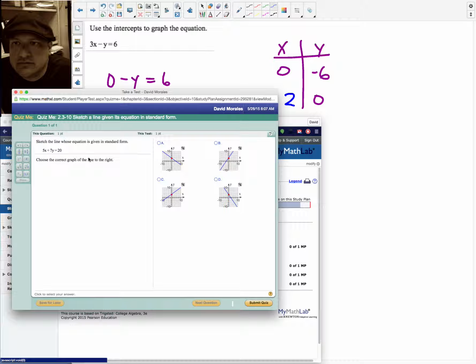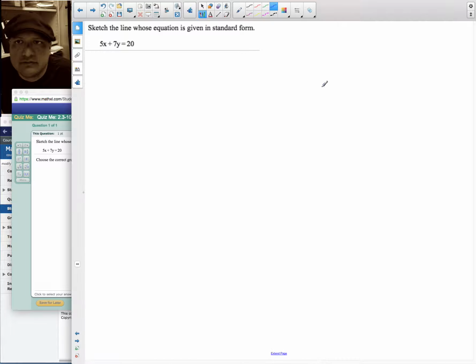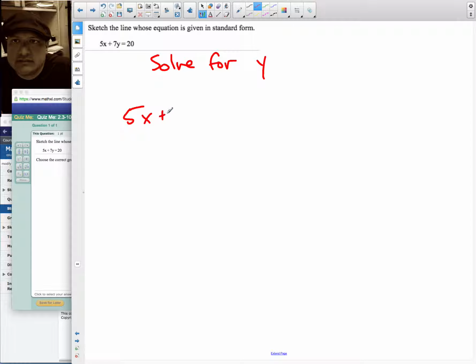Sketch the line whose equation is there. So this one, notice that they all have the same y-intercept, so it's not going to be too obvious. The easiest way to do this is solve for y. So 5x plus 7y is 20.